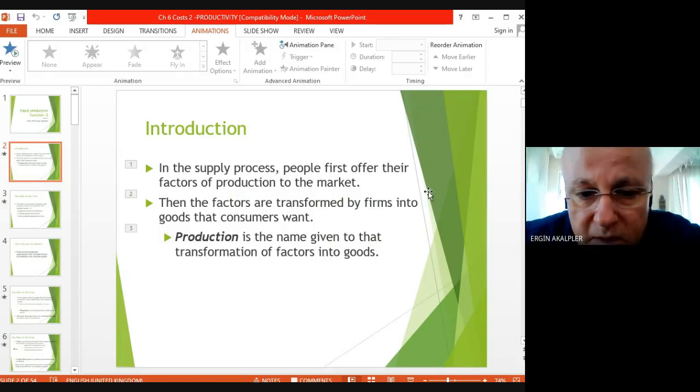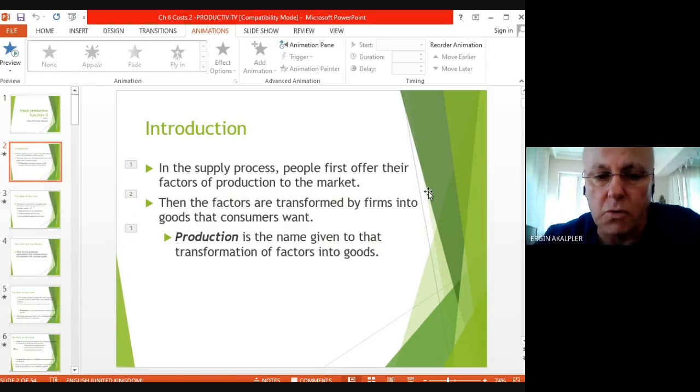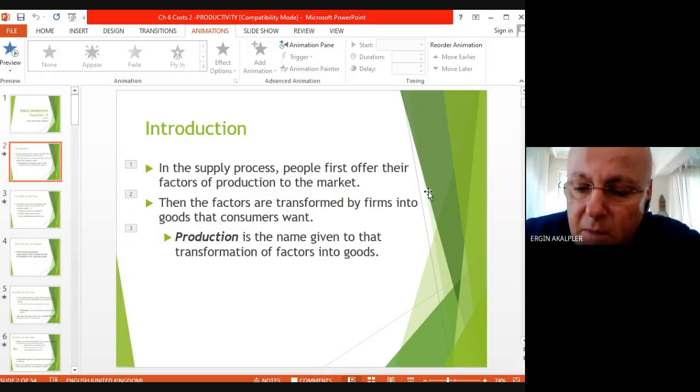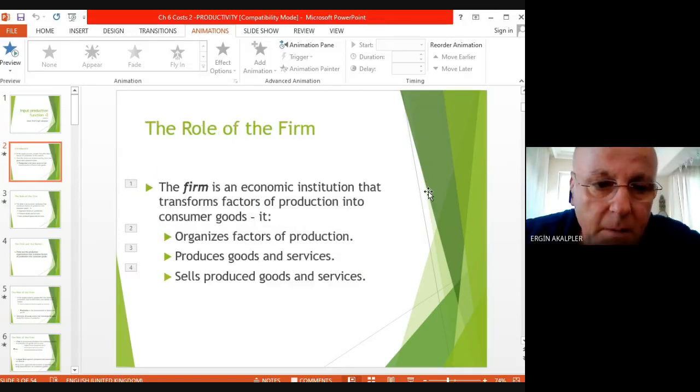Production is the name given to the transformation of factors into goods. It is very important because we are using the available resources and factors of production for increasing and enlarging the goods and services in the given market.